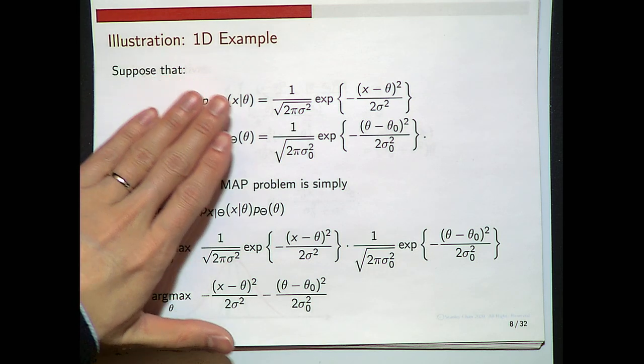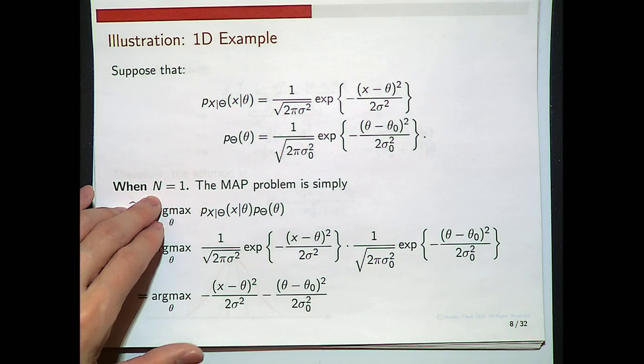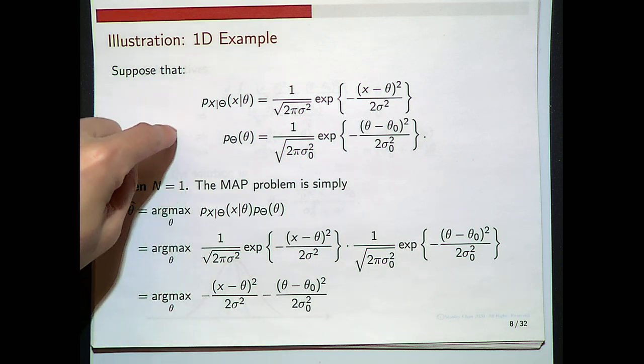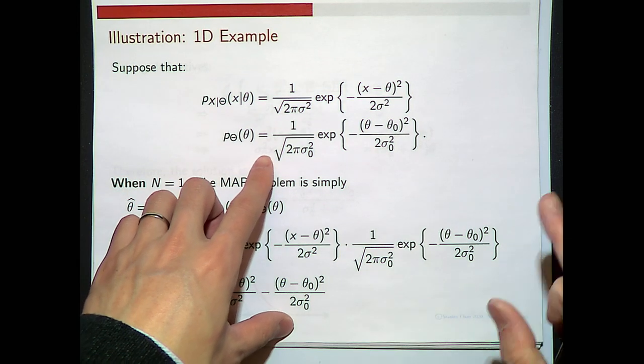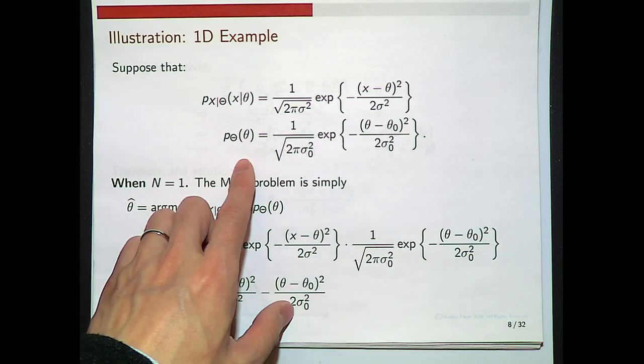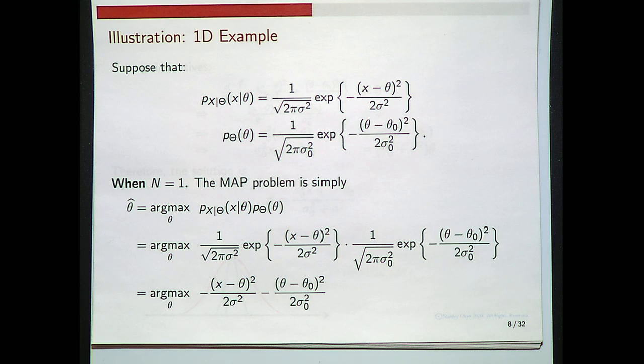In last lecture, we had this likelihood function, and we looked at the case when there's only one sample, and we said that the best estimate is a Gaussian that matches the center of your sample. But now, when we have a prior, we want to understand how this prior will interact with my estimation procedure. So let's start with the case where you only have one data point, again in a 1D setting.